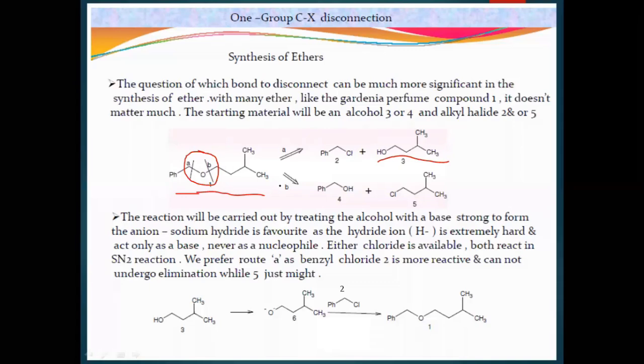Instead of following path A, suppose you follow path B. First cleave it here and you will get PhCH2O minus as the synthon, and protonation of the synthon results in PhCH2OH. On the other hand, you will get CH2 plus as a synthon, and with CH2 plus you can use Cl minus or Br minus, and then you will get this product 5.